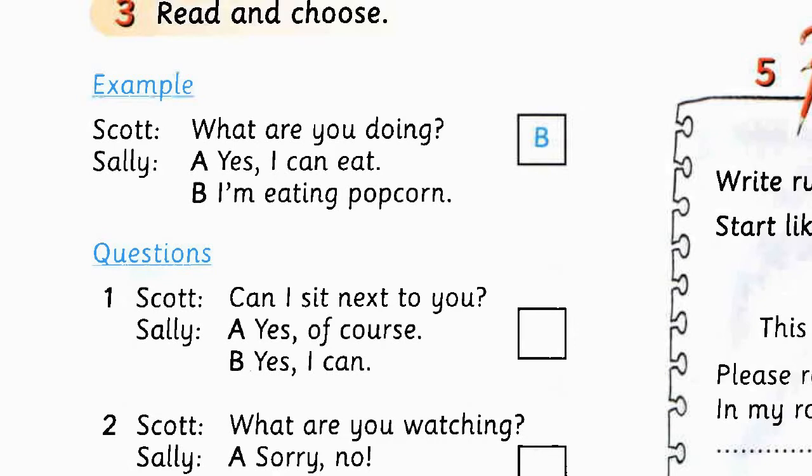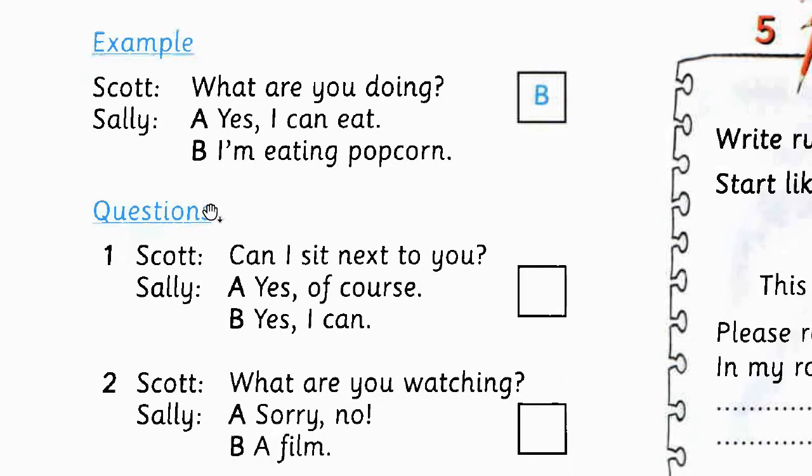So you can see the correct answer is B. Here we learn about forming present continuous. What are you doing is a question in present continuous. I'm eating an apple. I'm eating popcorn. I'm playing tennis. I'm watching TV. So the correct answer is B.